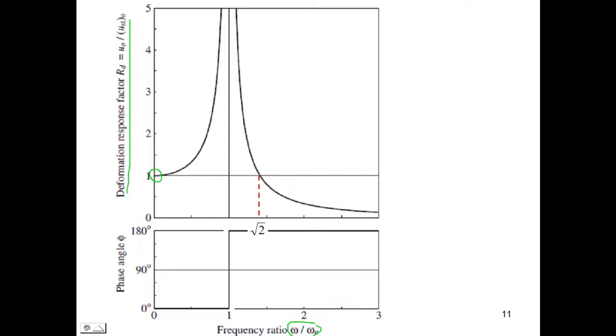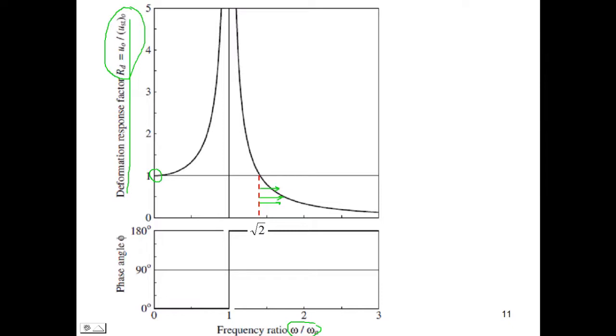If omega over omega n is greater than the square root of 2, in other words, omega is higher than the square root of 2 multiplied by omega n, Rd is smaller than 1, and the dynamic deformation amplitude is less than the static deformation.